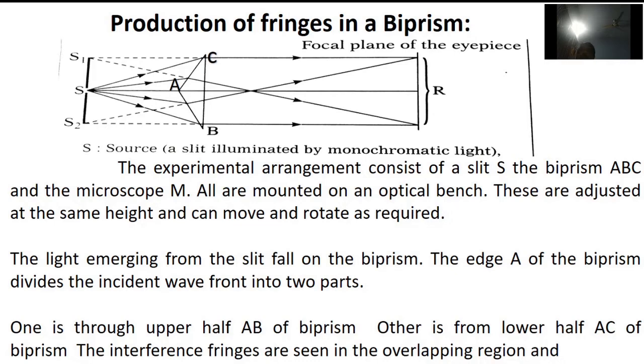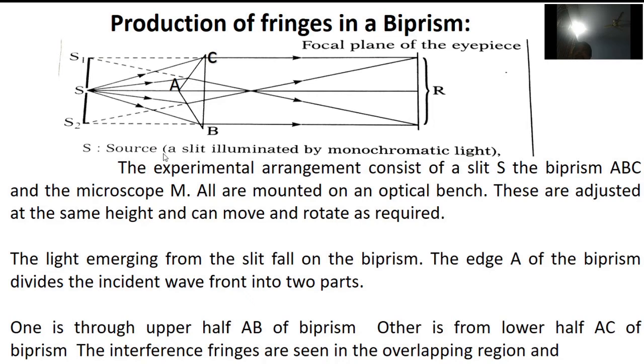Next, we will move on to the production of fringes in a biprism. The experimental arrangement consists of slit S, the biprism ABC, and microscope M. All are mounted on an optical bench. These are adjusted at the same height and can move and rotate as required.